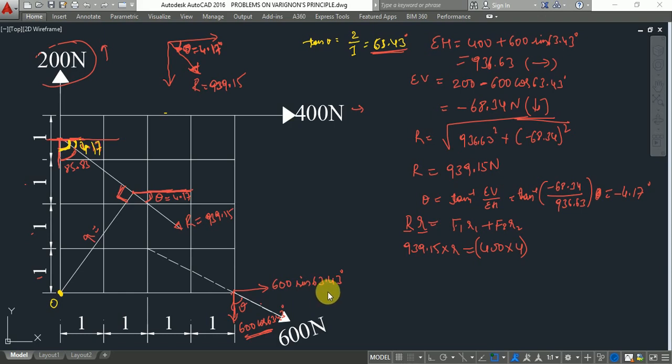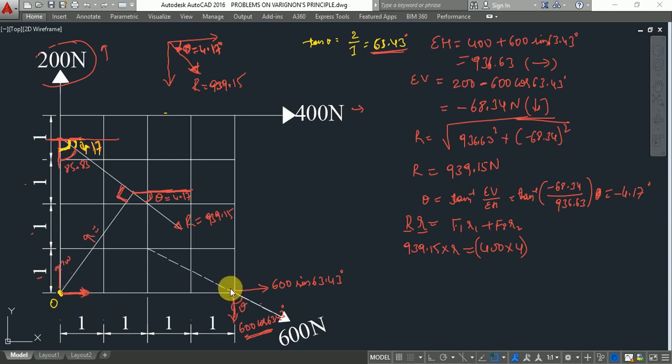The 600 sin 63.43 force also has its line of action passing through the chosen point, so it yields no moment. Zero moment for this force and zero moment due to this 200.